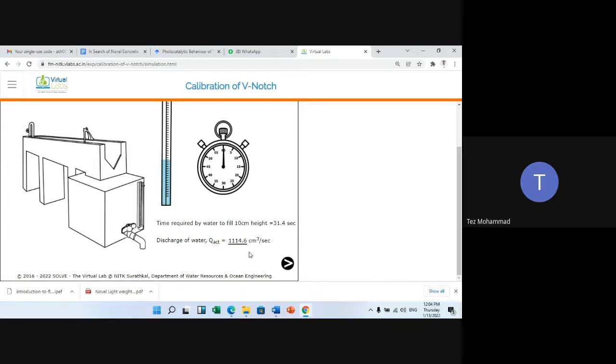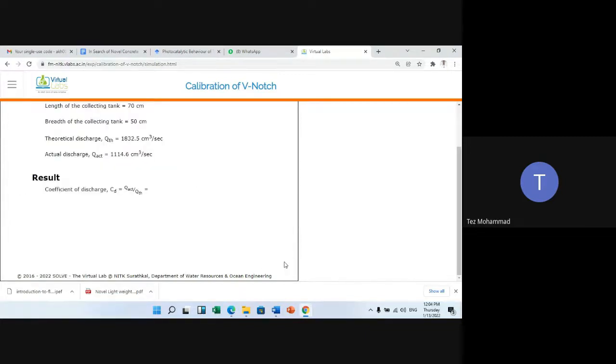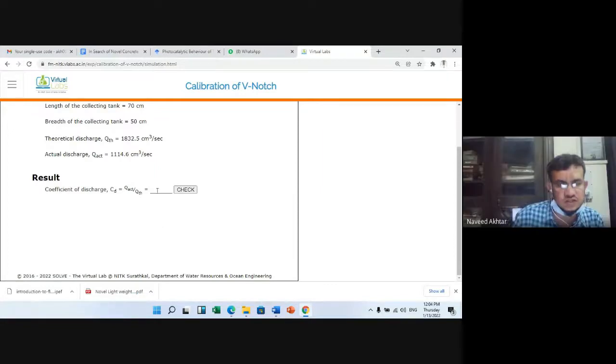114.6. Now we can find out the discharge. Put the discharge value. The Q actual 114.6 and Q theoretical 1832.5 आया था आपका. So we'll put the value, 1114.6 is the Q actual, Q theoretical 1832.5.